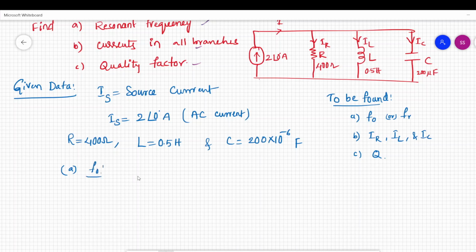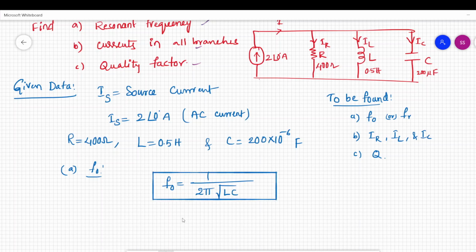The expression for resonant frequency is f0 equal to 1 by 2 pi root L into C. So we have all the values. Let us substitute them in here. That equals 1 by 2 pi root of L value 0.5 into capacitance 200 into 10 power minus 6 farads.